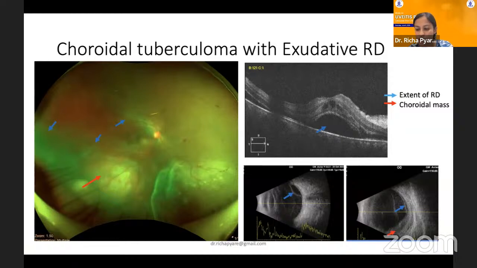There were vitreous cells present, and we can see on the ultrasound there is a low to moderate echogenic RCS thickening, associated retinal detachment next to it, and the OCT is also demonstrating SRF under the macula. So this was the choroidal tuberculoma.